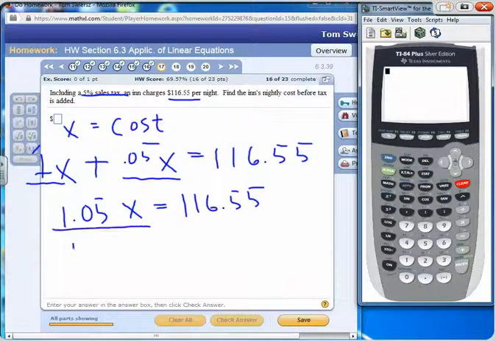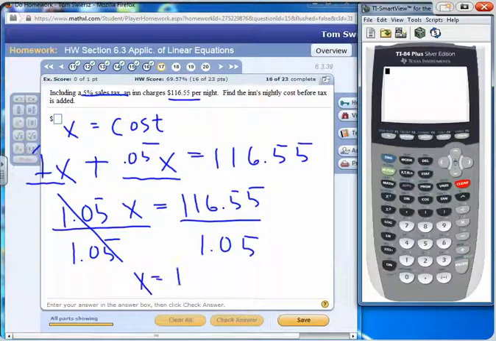So now divide both sides by 1.05. These cancel, and you just get 1X, or X, equals 116.55 divided by 1.05. And that will give us the cost before sales tax.